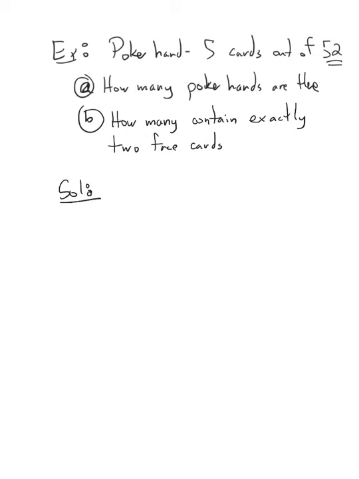Well, again, the order that you receive cards in a poker hand doesn't matter. You just get 5 cards, it doesn't matter. So what are we doing? There are 52 cards in total. We're choosing 5, and the other 52 minus 5, which is 47, are not chosen.